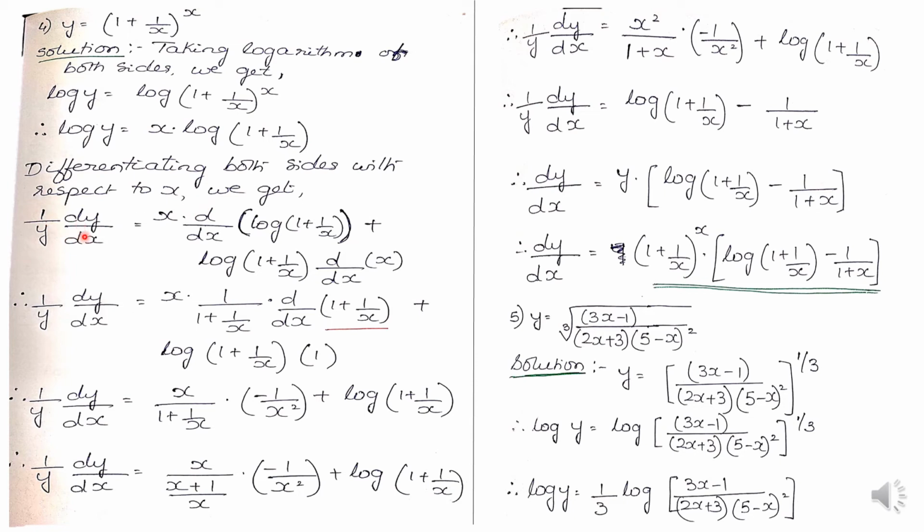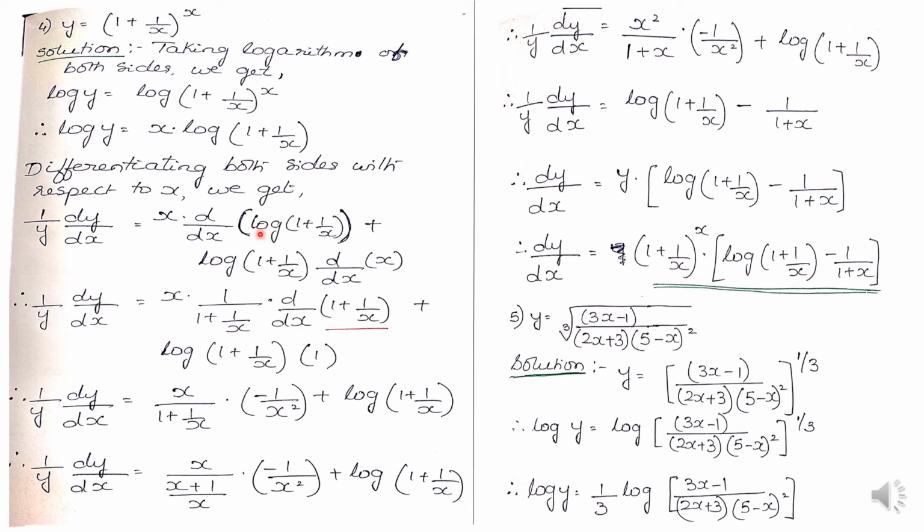Differentiating both the sides with respect to x, we get 1 upon y dy by dx is equal to x into the differentiation of log 1 plus 1 upon x plus log 1 plus 1 upon x, the differentiation of x. Because by now, you must have guessed that the product of two numbers is given on the RHS. So we are using the rule u into v.